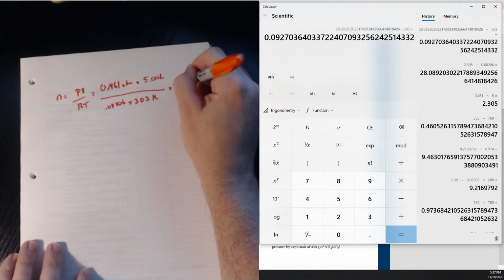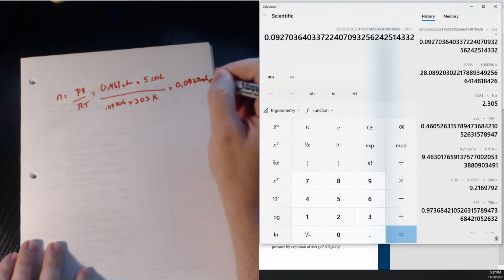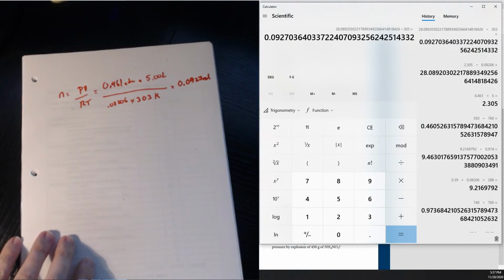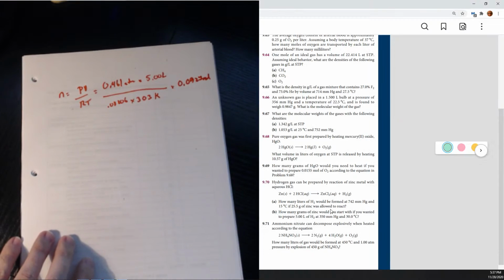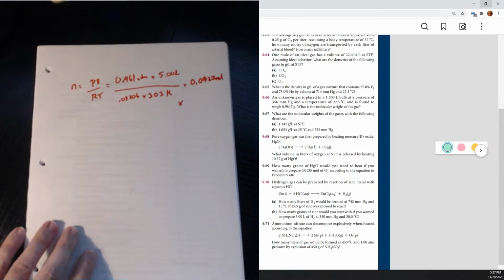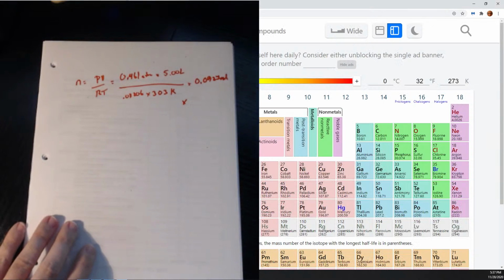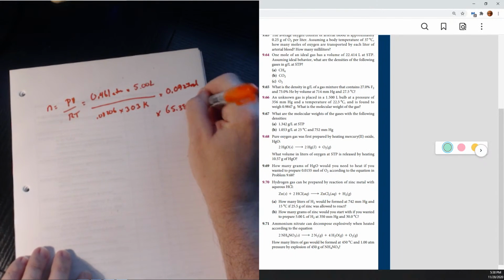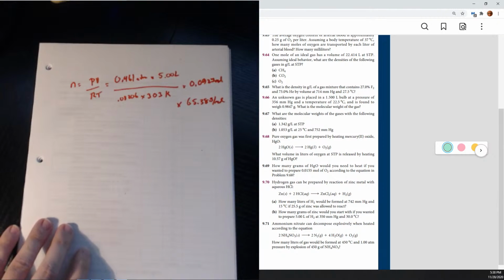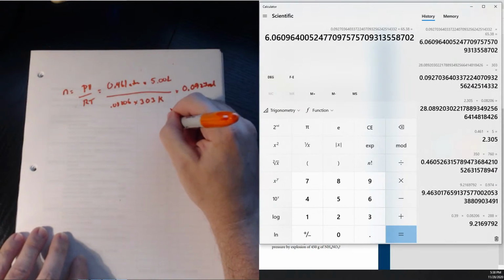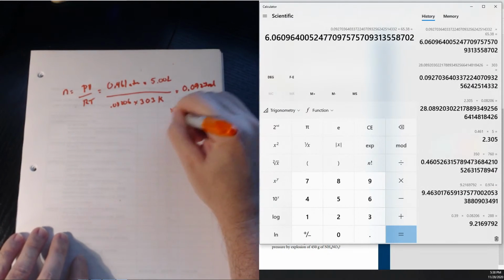0.0927 moles of hydrogen is going to be 0.0927 moles of zinc because it is 1-to-1 between hydrogen and zinc. So now we multiply that by the molar mass of zinc, which I have already forgotten, 65.38. That gives about 6.06 grams.